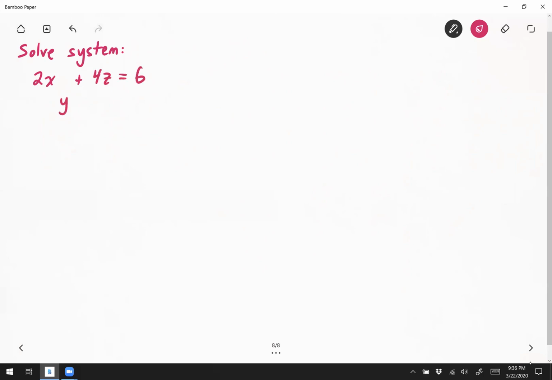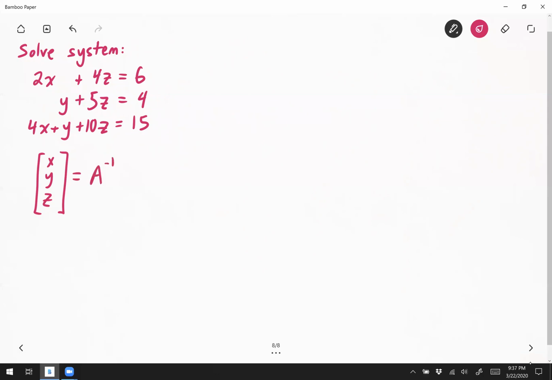And we had y plus 5z equals 4. And 4x plus y plus 10z equals 15. All right, so we can solve for the vector x, y, z by multiplying A inverse times 6, 4, 15.